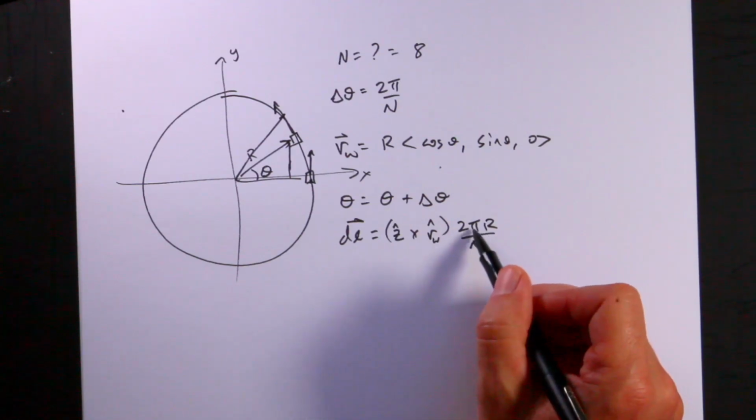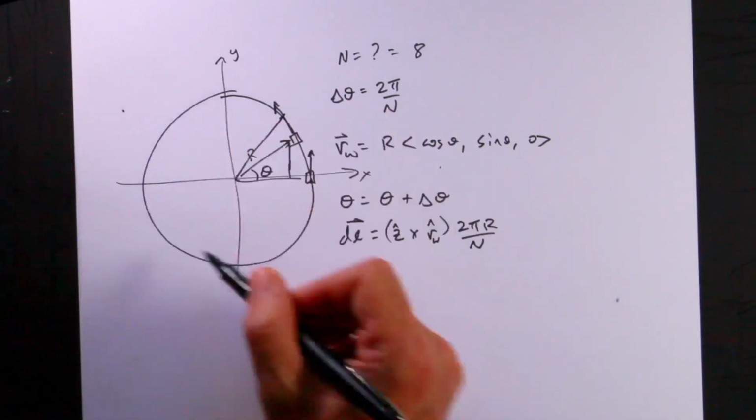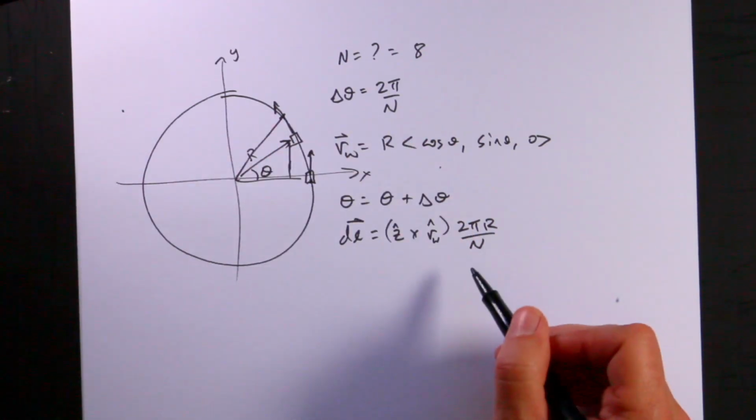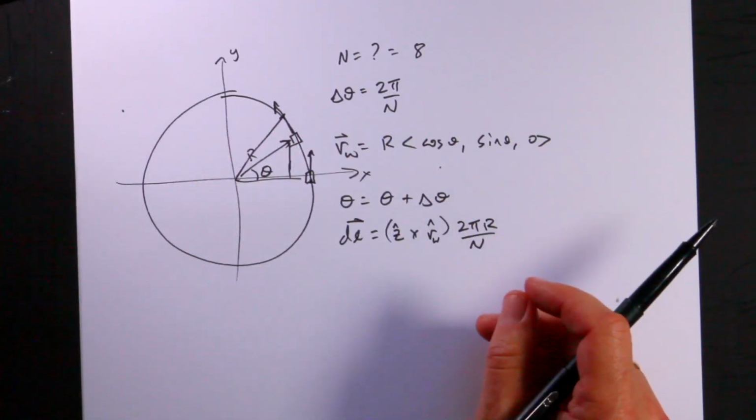The length of the piece is the total length of the wire divided by the number of pieces, so 2 pi R, the circumference, divided by N. I think that's going to work.